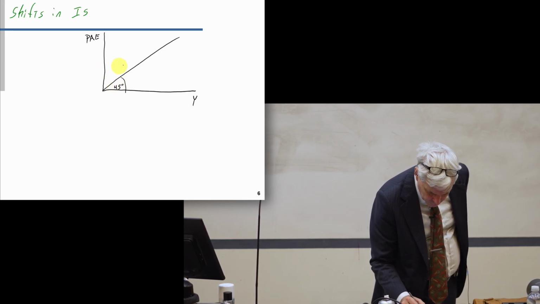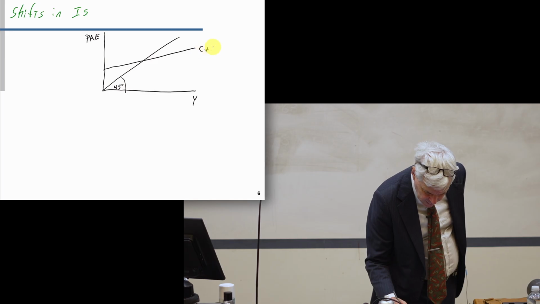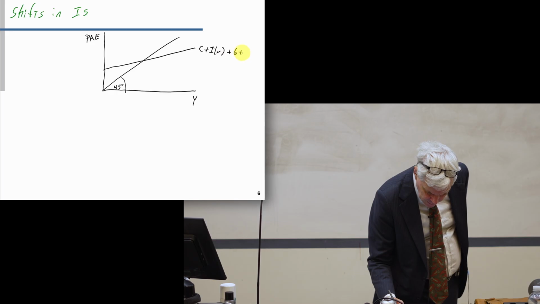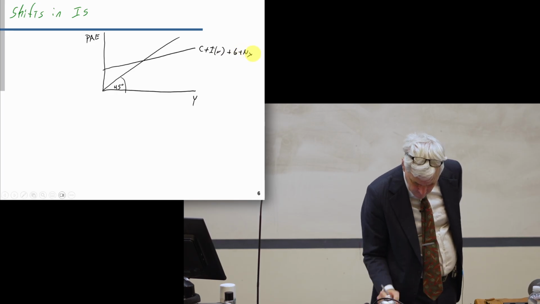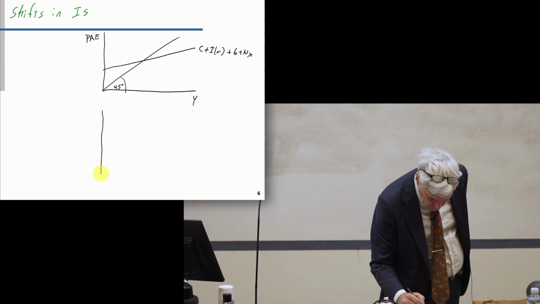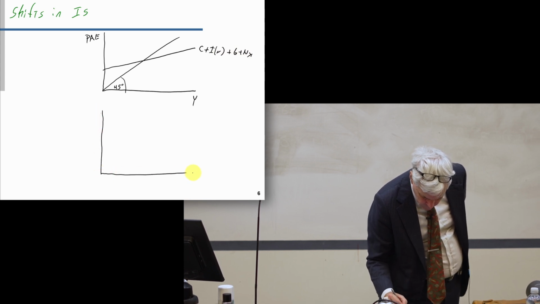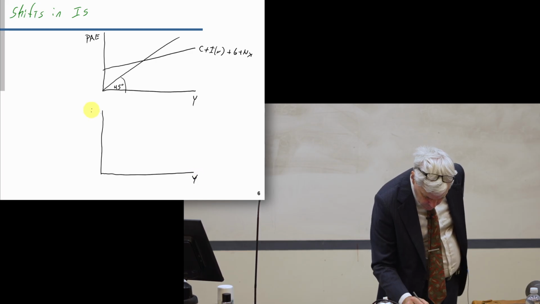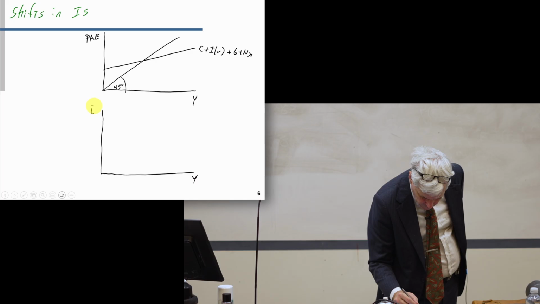And we've got C plus I plus G plus X. And down below, we've got Y, we've got I, and we've got our IS curve that we just derived.